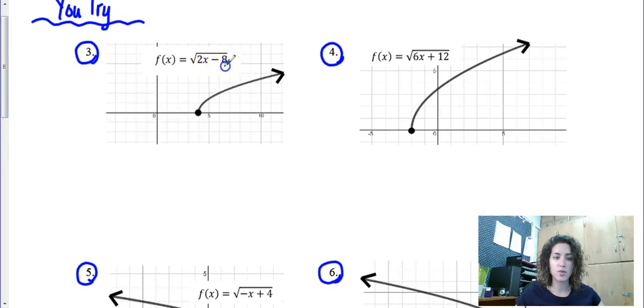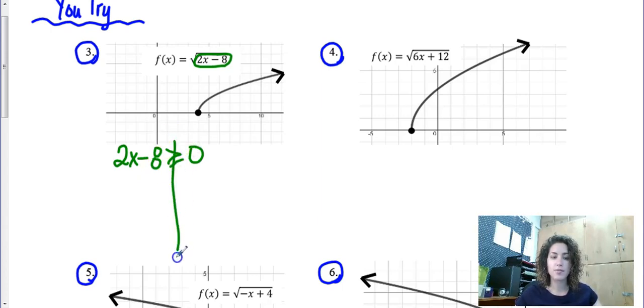Step 1 was to circle what's underneath the even root. And then step 2 says, take what's underneath, in this case 2x minus 8, set it greater than or equal to 0, and solve.